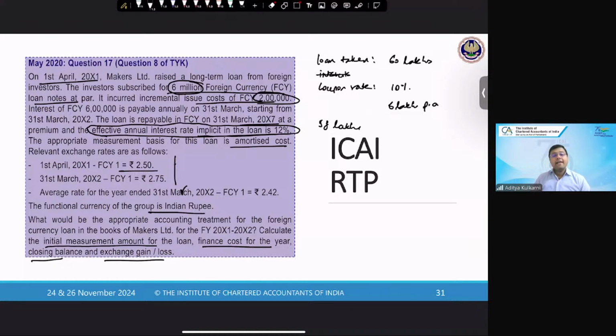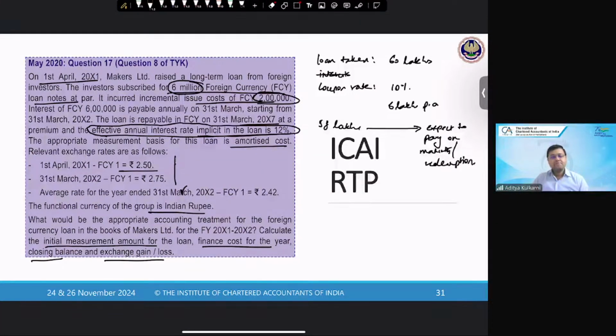Therefore I will do an effective interest rate calculation, and that calculation will build up this 58 lakhs to the amount that I expect to pay on maturity or redemption. Are you able to understand? Yes?